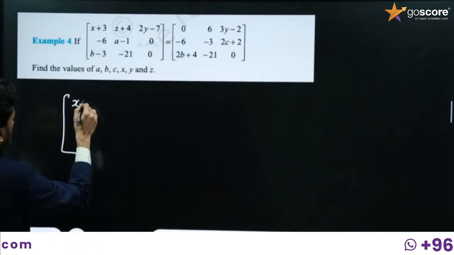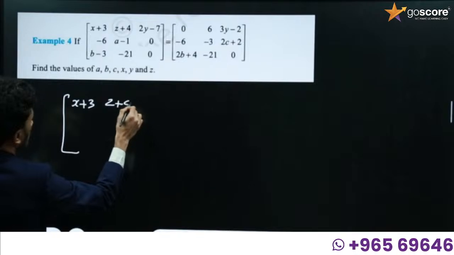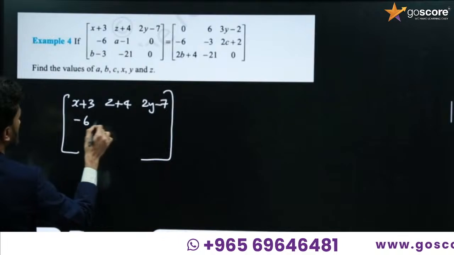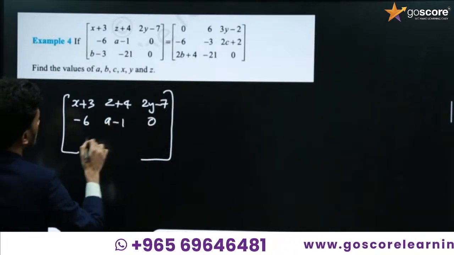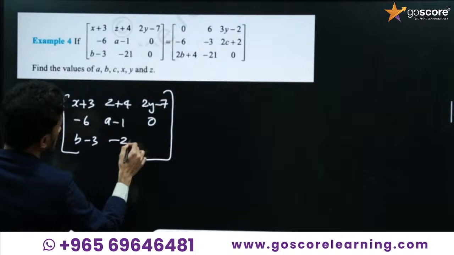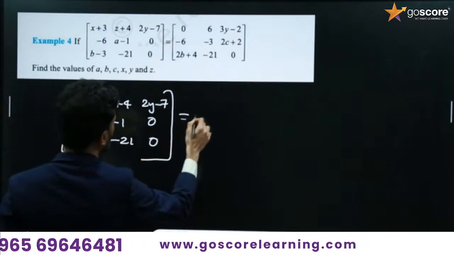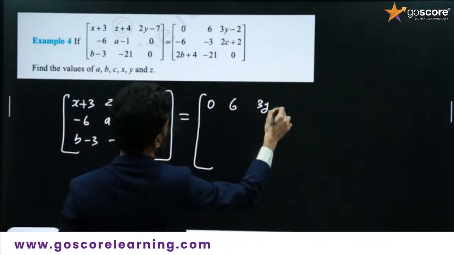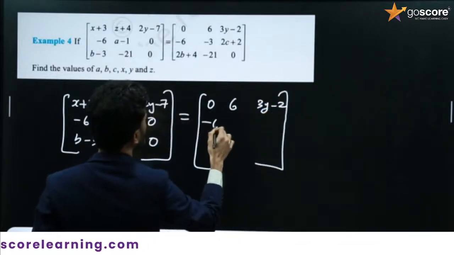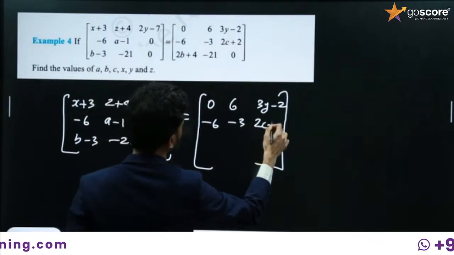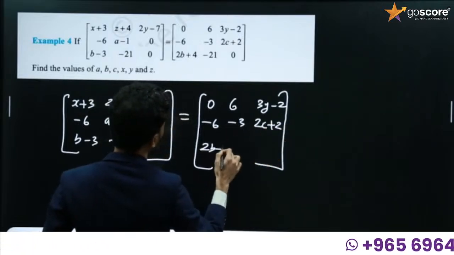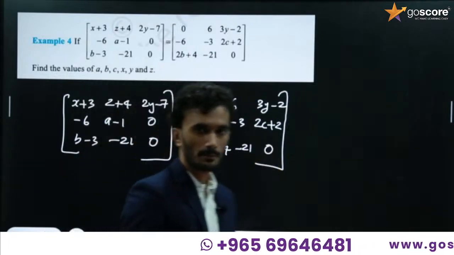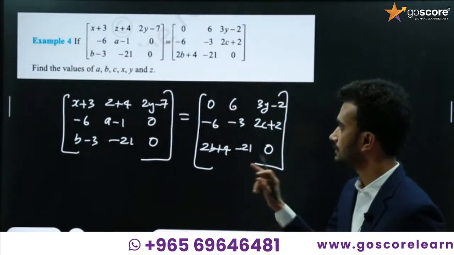x plus 3, z plus 4, 2y minus 7, minus 6, a minus 1, 0, b minus 3, minus 21, 0, is equal to 0, 6, 3y minus 2, minus 6, minus 3, 2c plus 2, 2b plus 4, minus 21, 0. So they are equal.